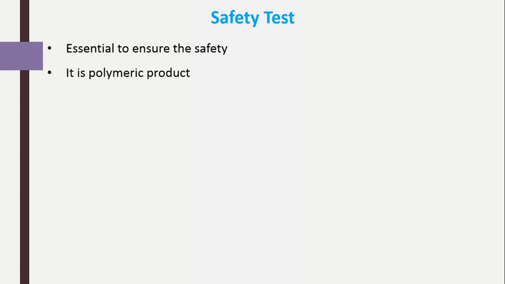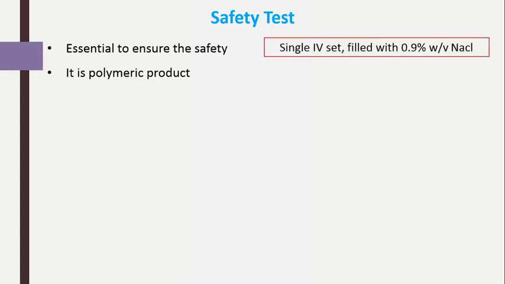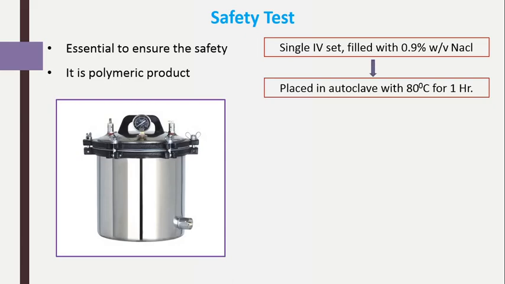So we will see that particular test. A single IV set is selected for this test and filled with 0.9% weight by volume sodium chloride, that is normal saline solution. After filling, it is placed in an autoclave at 80 degrees centigrade for 1 hour.